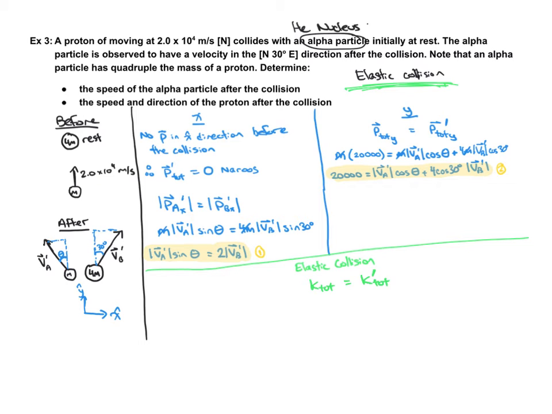So I'll analyze before and after. Before the collision, what is my kinetic energy? It's all due to the proton, since the alpha particle is not moving. So I'm going to use half m v squared, half the mass times the velocity squared. So that would be 20,000 squared. So that's my starting kinetic energy.